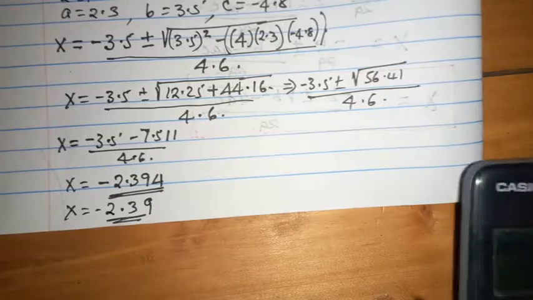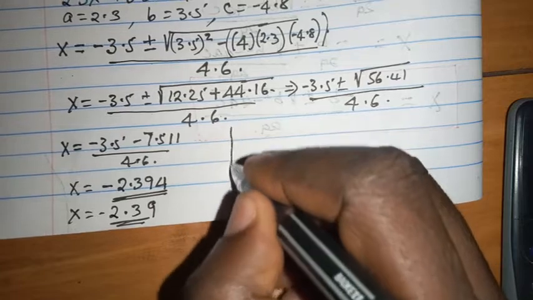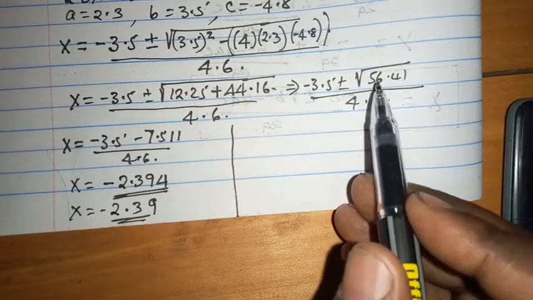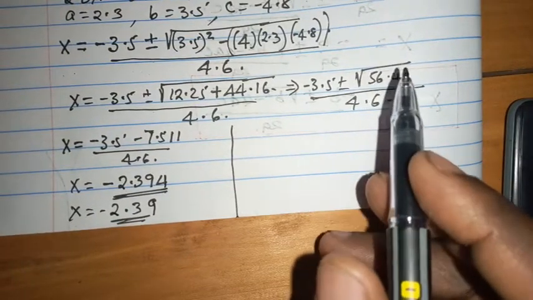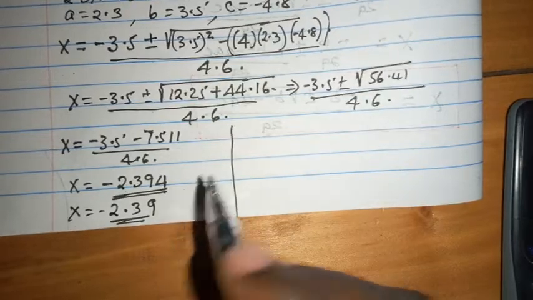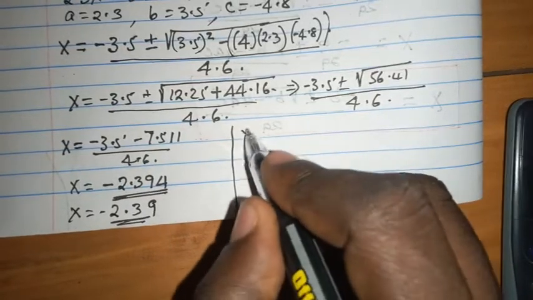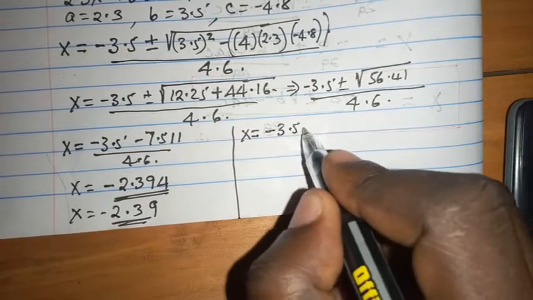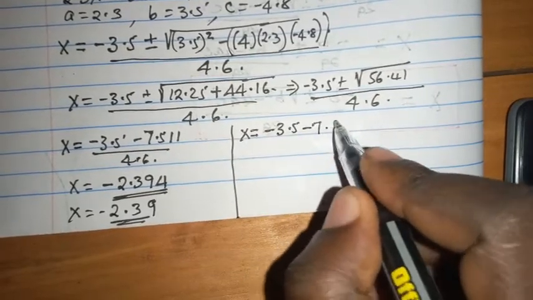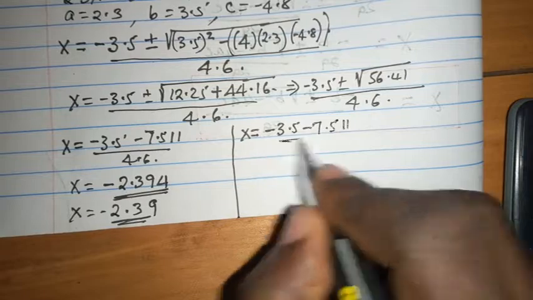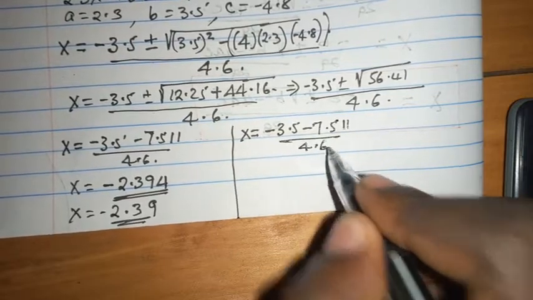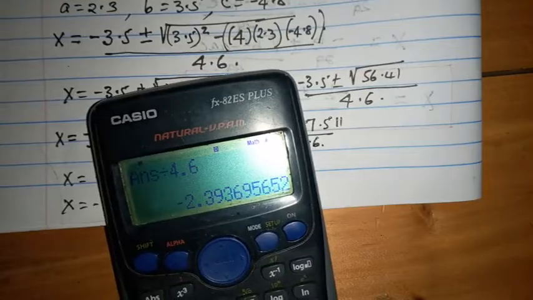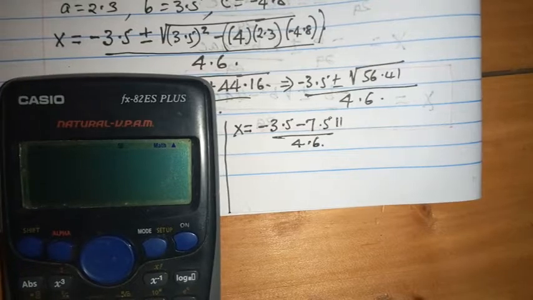Let us now take the positive square root of 56.41, which is x alternatively going to be minus 3.5 plus 7.511, all over 4.6. Now we take our calculator.